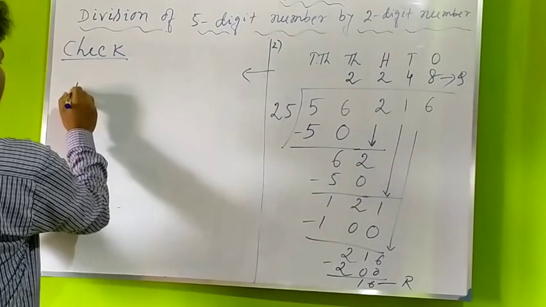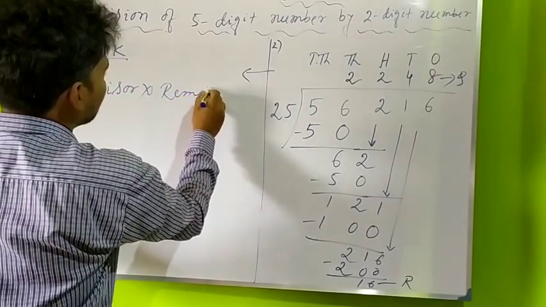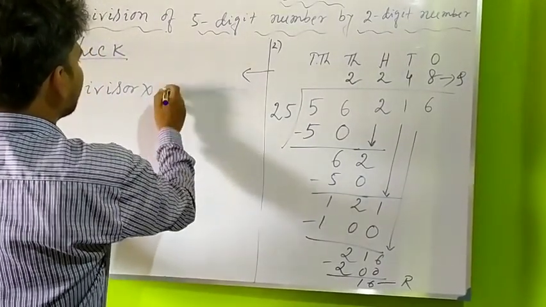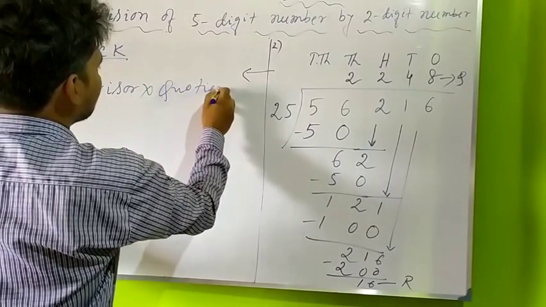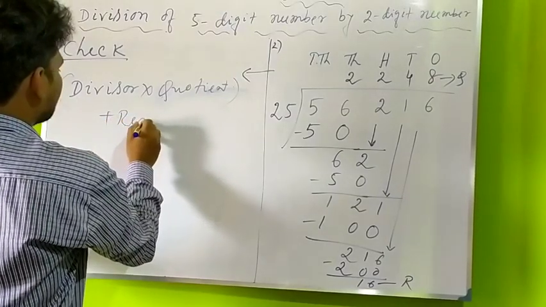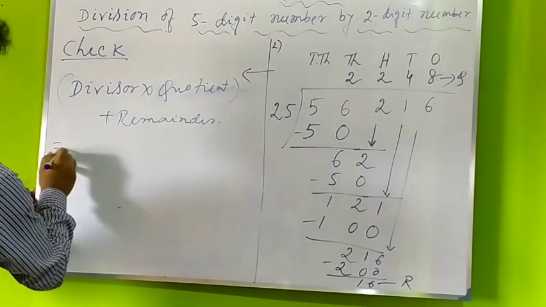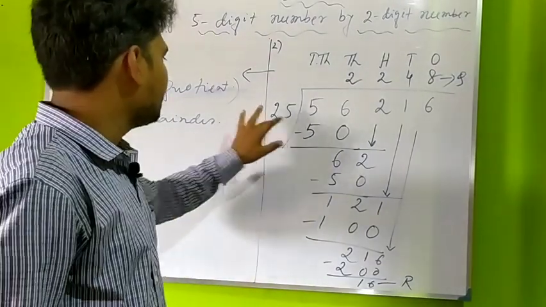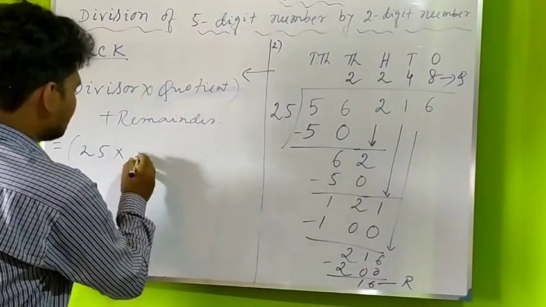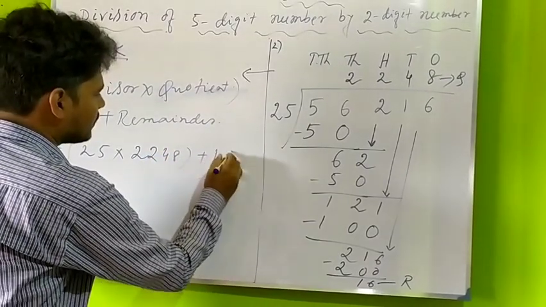Now divisor into quotient plus remainder. Divisor is 25. 25 into quotient 2248 plus remainder 16.